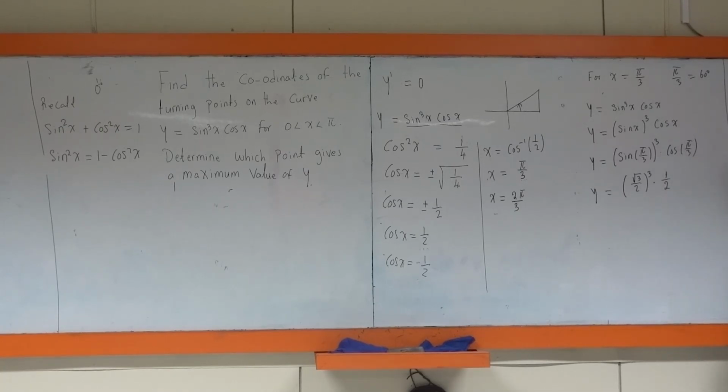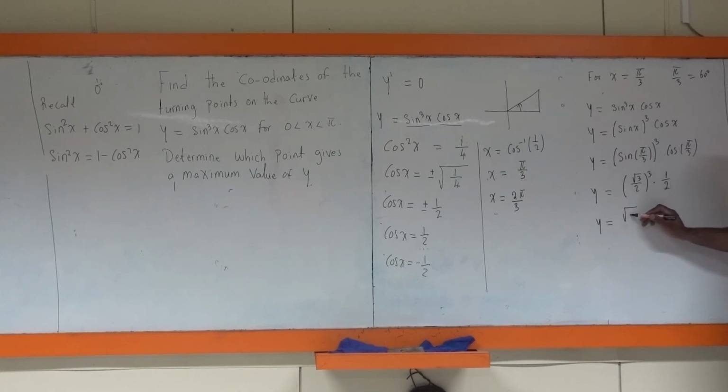There. So what is this equal to? So y is equal to square root of 3 to the power of 3, which is 27.